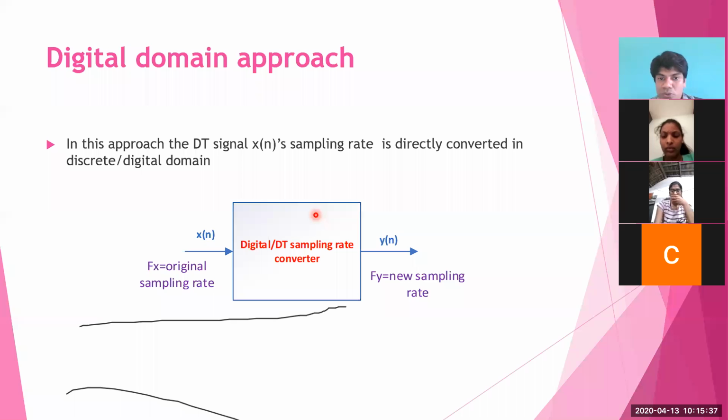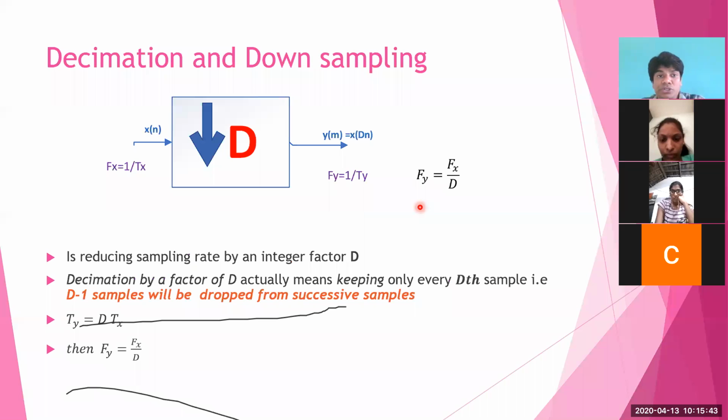Now let's move on to the next slide. In this slide, we will be talking more about the decimation process. Here we have a couple of techniques for sampling rate conversion. One is decimation and another one is interpolation. As you can see, decimation and downsampling, I'll tell you the difference between them shortly. But for now, the block you are seeing here corresponds to a downsampler.